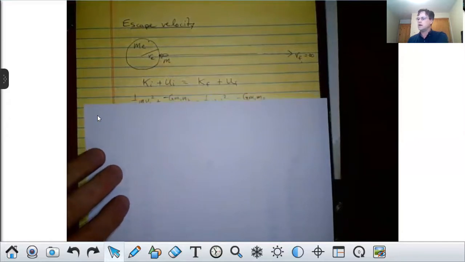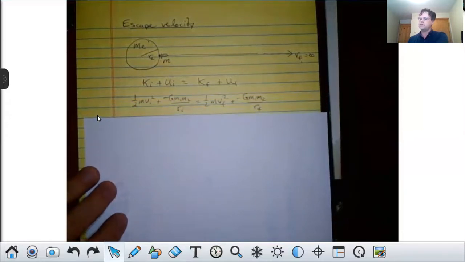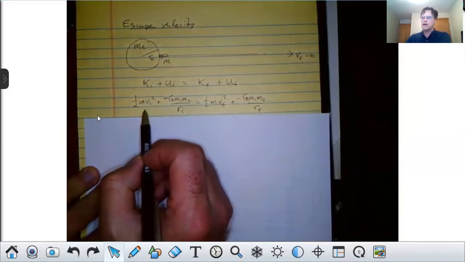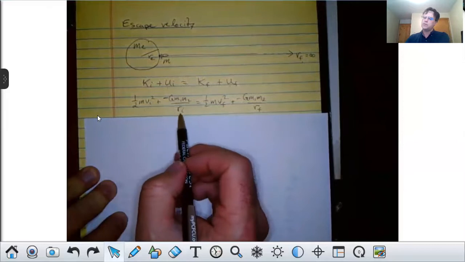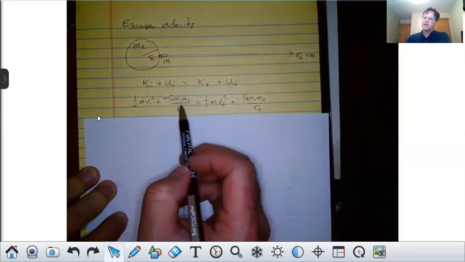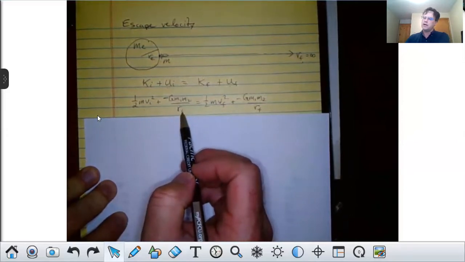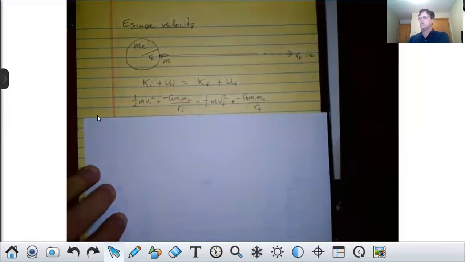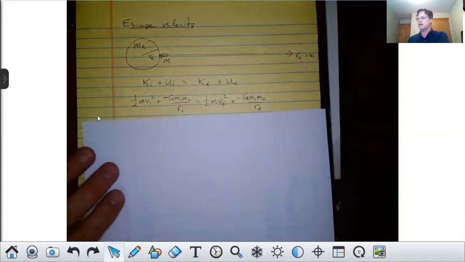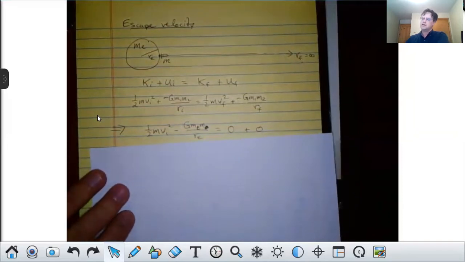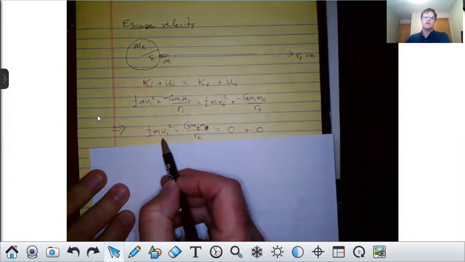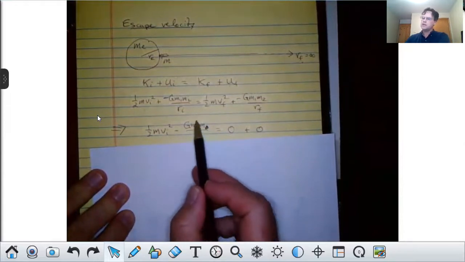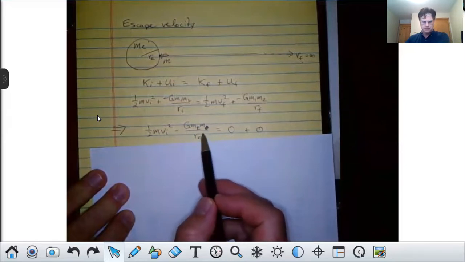So let's fill those in. My initial kinetic energy is 1/2 m v_i squared. My initial potential energy is negative G m1 m2 over r_i. I've got the same sort of expressions for the final values. And when I plug in my r initial and r final, I do have my initial kinetic energy. My v_i is going to be my escape velocity, but my initial potential energy is actually negative, right?